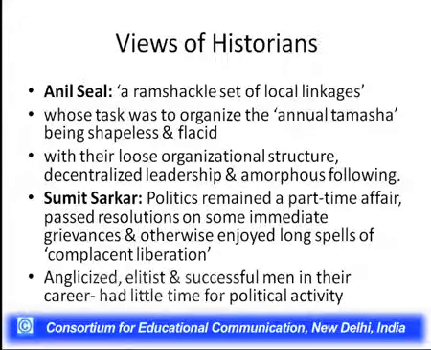So we will agree that these people belonged to different professions. Many of them were lawyers, journalists, or engaged in other professions. But at the same time, we also have to give some credit to them that they brought these demands to the forefront.